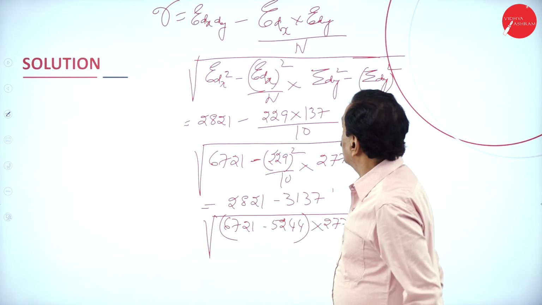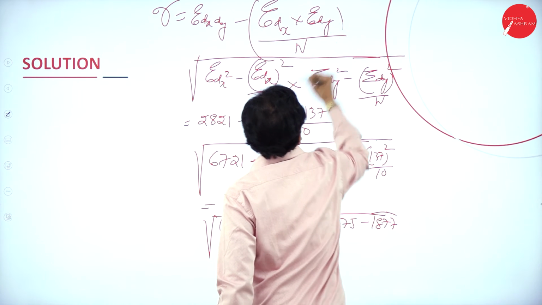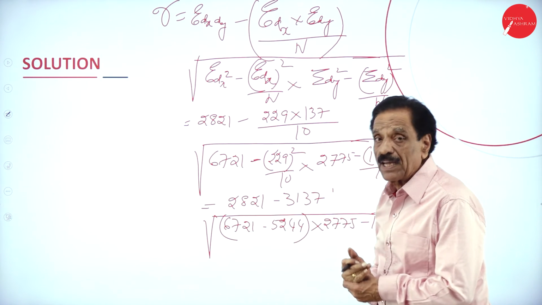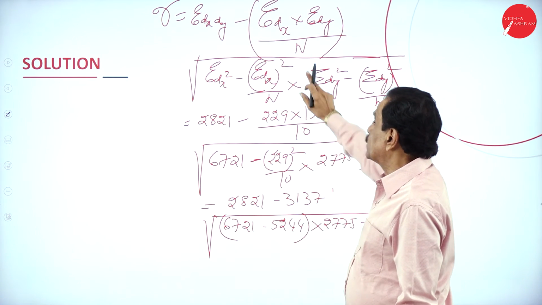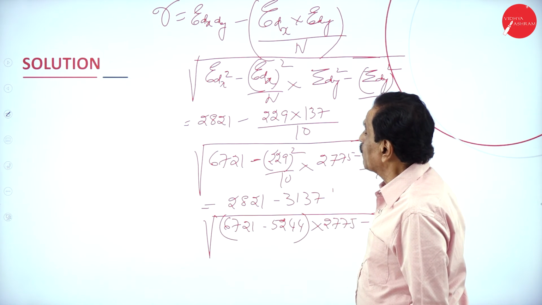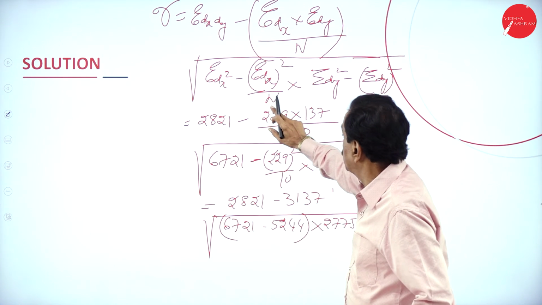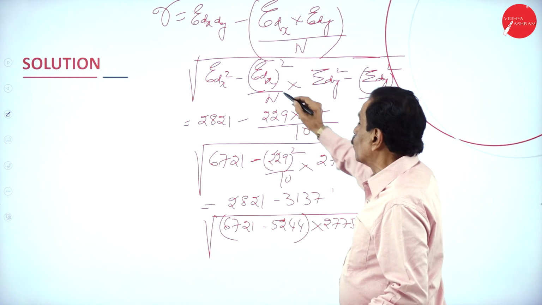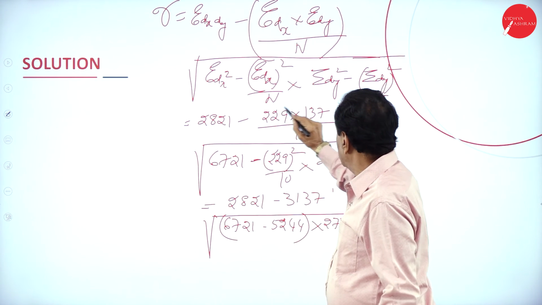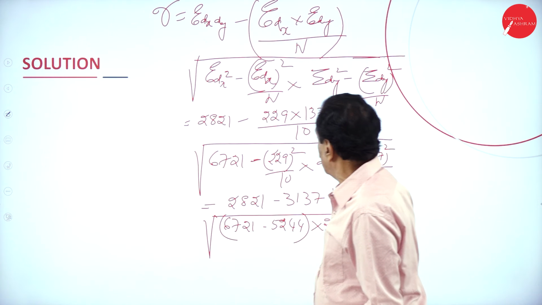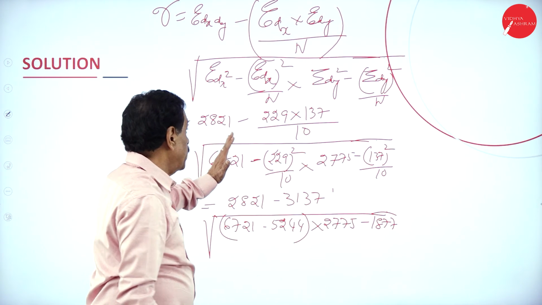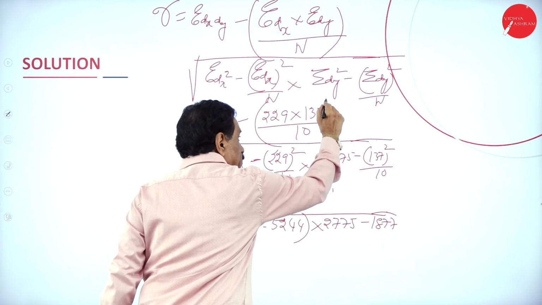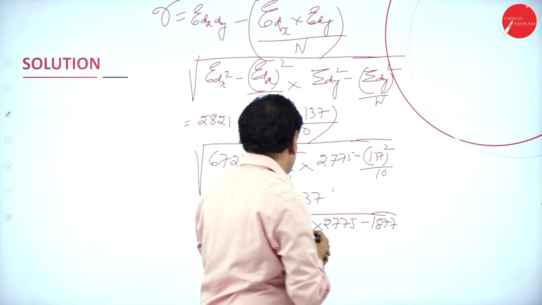R is equal to sigma dx dy minus sigma dx into sigma dy divided by n. N means number of items. Divided by root of sigma dx square minus sigma dx whole square divided by n, and sigma dy square minus sigma dy whole square divided by n. So 2821, 229 into 137 divided by 10.